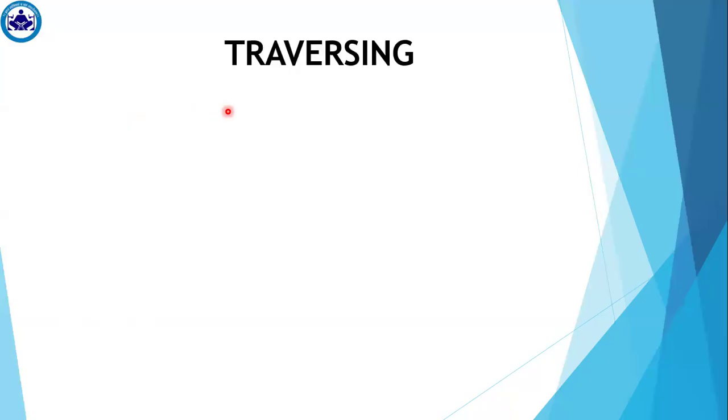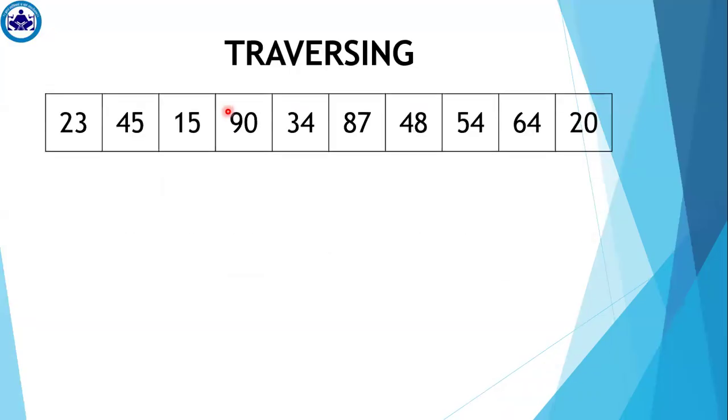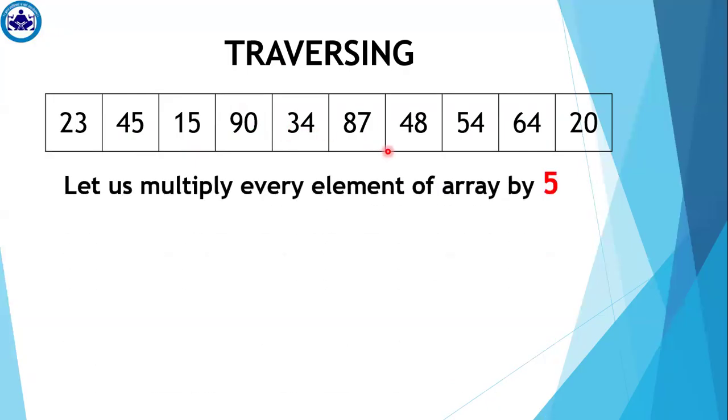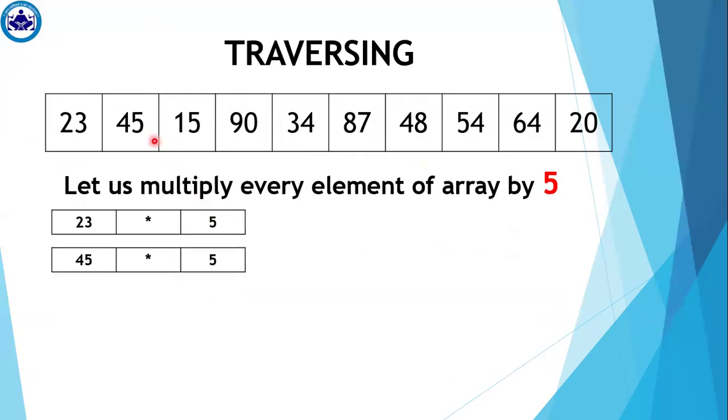The first is traversing. Now see, this is the array of 10 elements. Now we'll apply the process traversing to it. To understand this, let us multiply every element of this array by 5. Means we'll first take the first element 23 and multiply this element with 5. Second, the second element 45, multiply with the same number, that is 5.